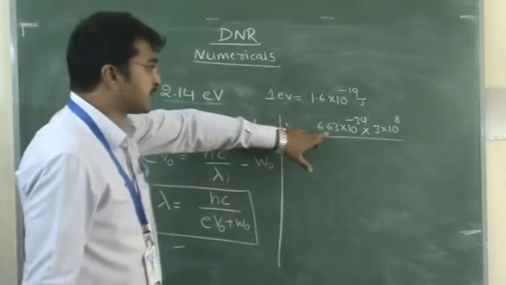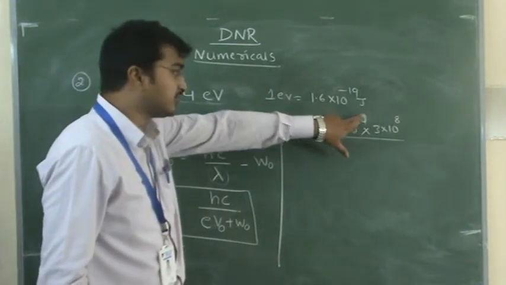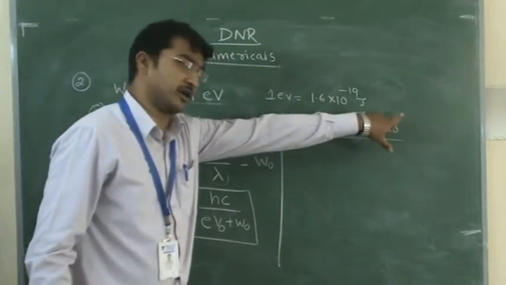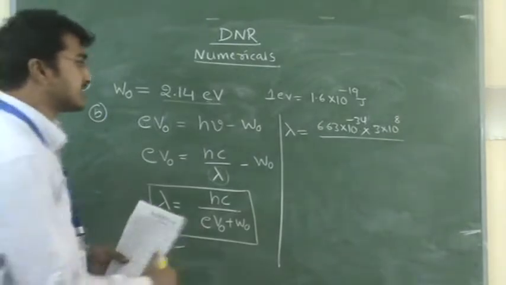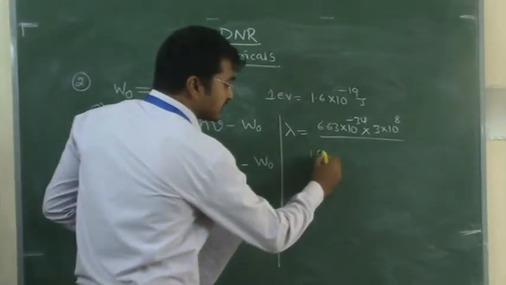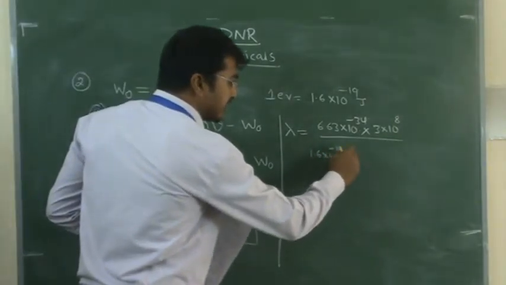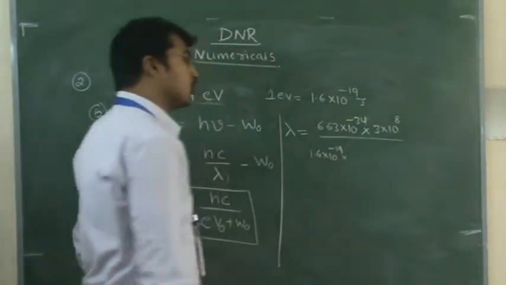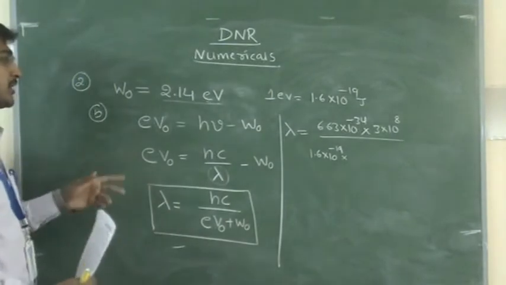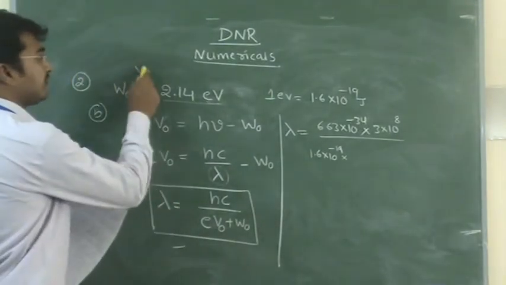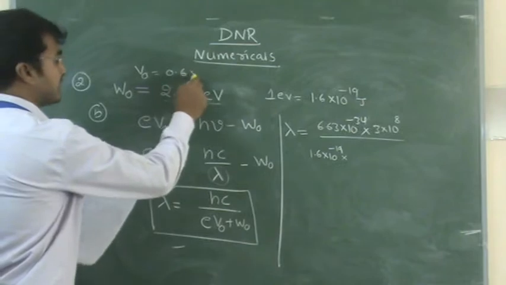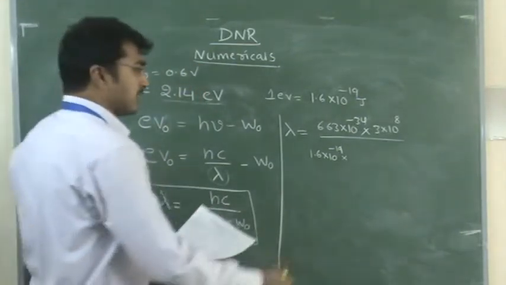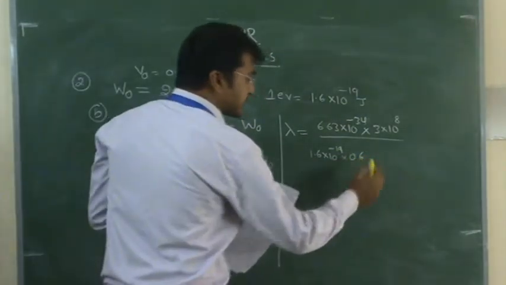And e is the charge of the electron, 1.6 into 10 to the power of minus 19 coulombs, into what is V naught? The stopping potential. They gave V naught is equal to 0.6 volts, so take it as 0.6.